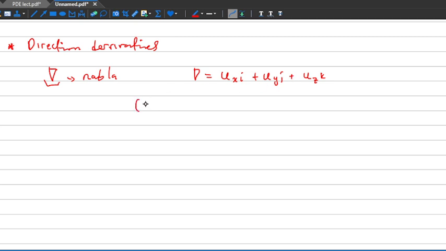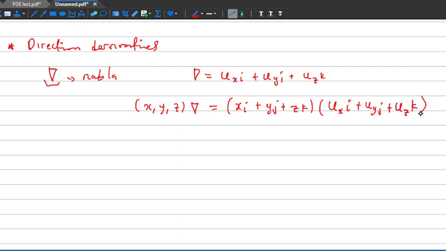If you have a vector x, y, z multiplied with nabla, remember this vector is in component form as xi plus yj plus zk, and it is being multiplied with nabla, which is in the form ux i plus uy j plus uz k.